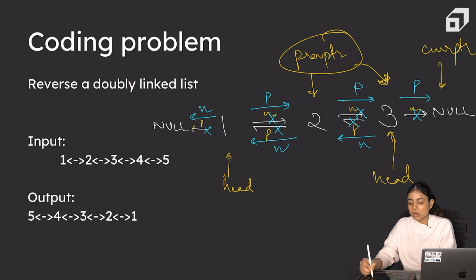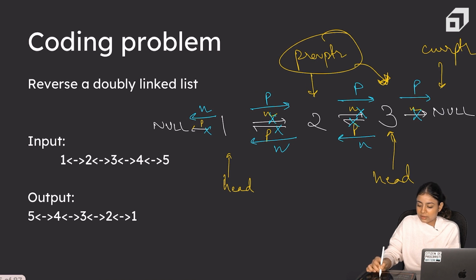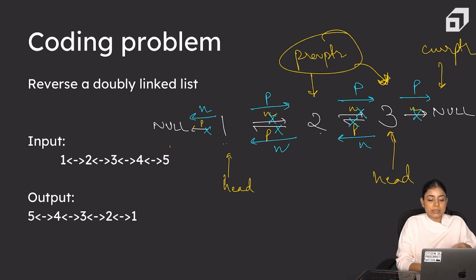The previous node of my previous pointer here is my new head node for my reversed linked list. So now you can see head is at 3, 3's next is 2, 2's next is 1, and 1's next is null. So we have reversed our linked list.